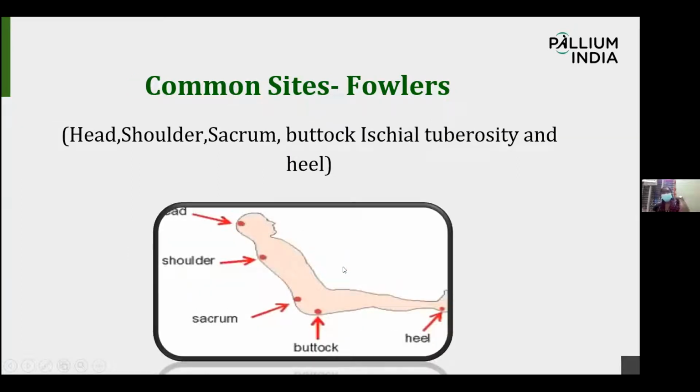And coming to the Fowler's position. We all know this is a good position for dyspnea patients. Head, shoulder, sacrum, buttock, and ischial tuberosity are the major pressure points.